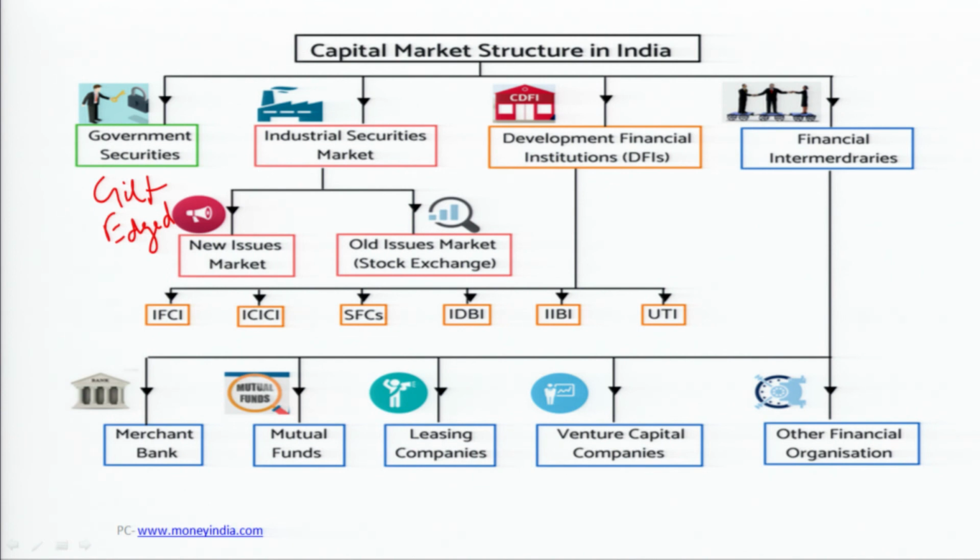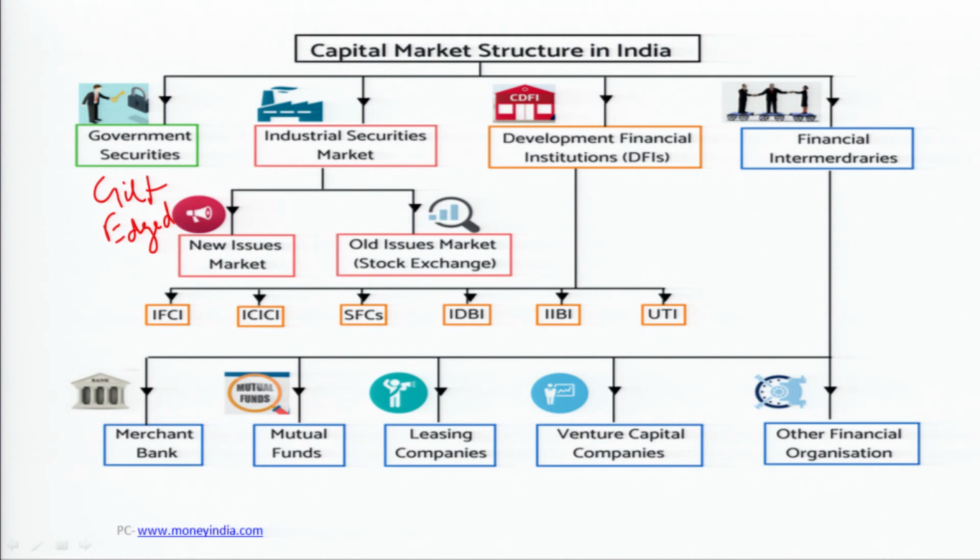State finance corporations, that are SFCs, work at the state level for providing finance to state corporations, industries, etc. for their development. IDBI is the Industrial Development Bank of India. UTI is the Unit Trust of India for investors. IIBI is the Industrial Investment Bank of India.